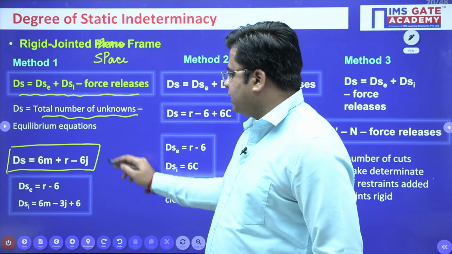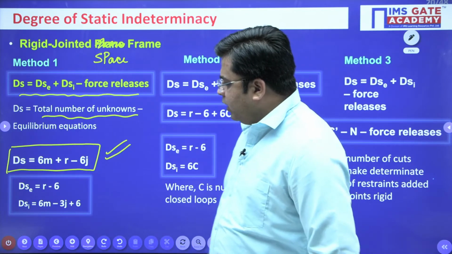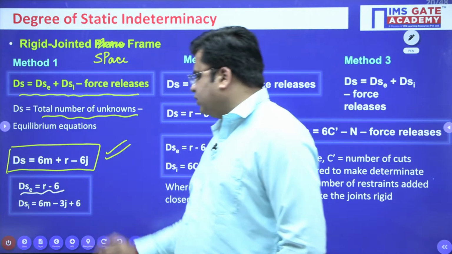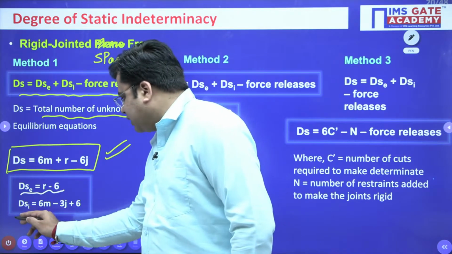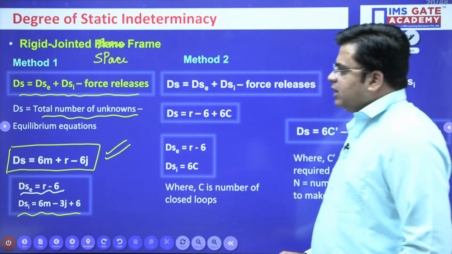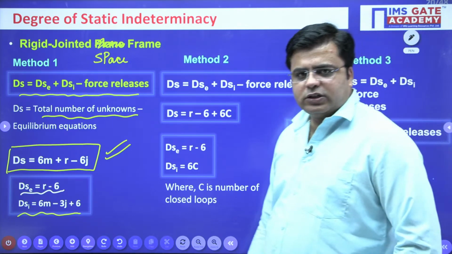This is the degree of static indeterminacy for a rigid jointed space frame. Your external indeterminacy dse is equal to r minus 6, and dsi is equal to 6m minus 3j plus 6. So, this is how you can calculate the degree of static indeterminacy for a rigid jointed space frame.